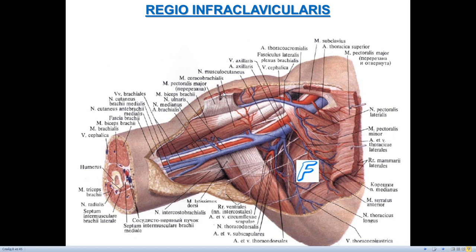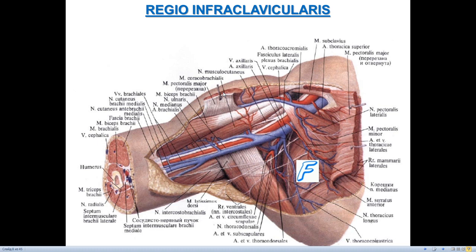Main passing of pus from the infraclavicular region: the purulent masses travel, first, to the deep subpectoral space. Second, to the superficial subpectoral space.